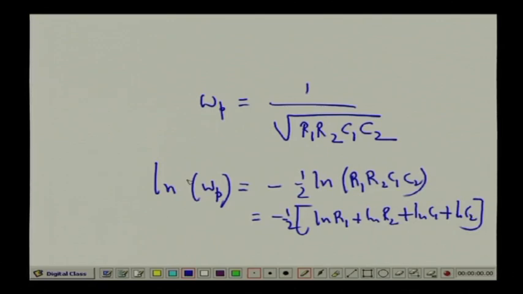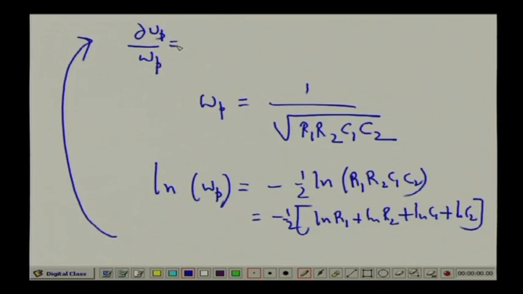Now, if you take the derivative, on the left hand side I get delta omega p by omega p equal to minus half, if I vary only delta R 1, then delta R 1 by R 1.